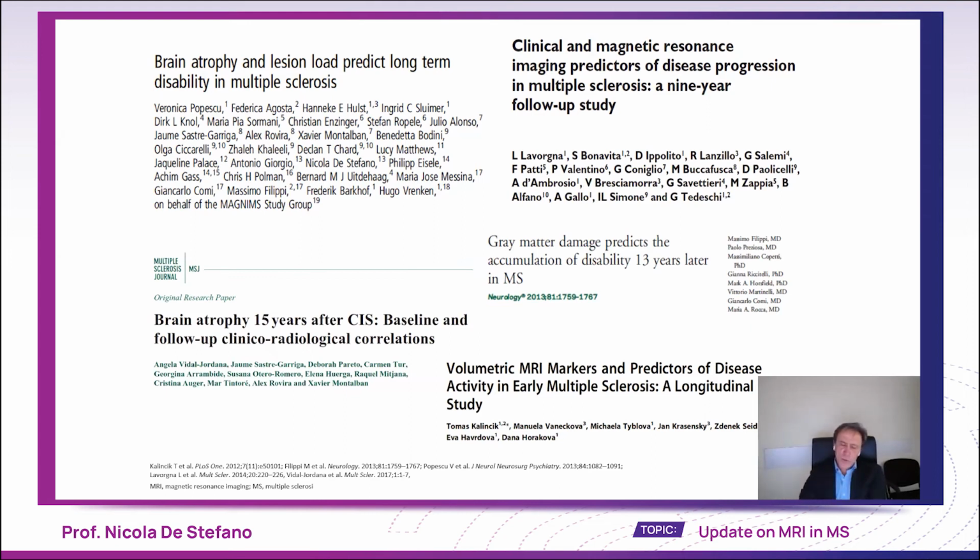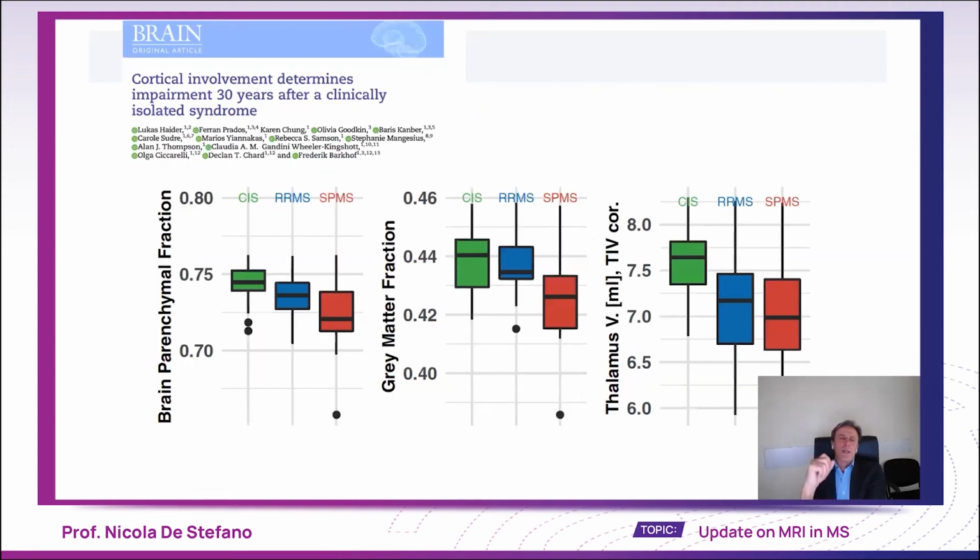So atrophy today is telling us that we're going to have a much worse disability in 10 years, 9 years, 15 years, and 13 years in all these papers that I'm showing to you. And there is another paper, very recent, that is saying the same thing in a 30-year follow-up.